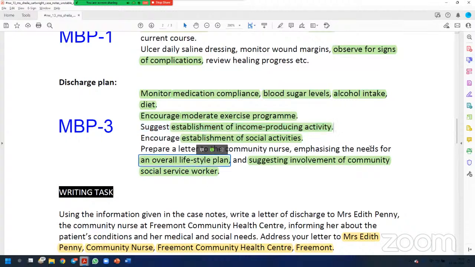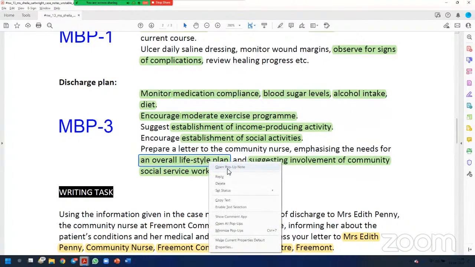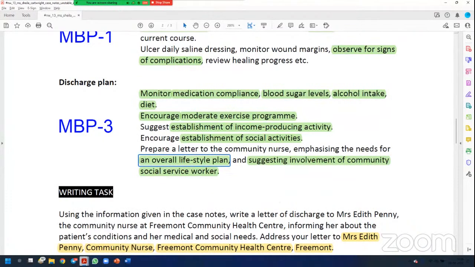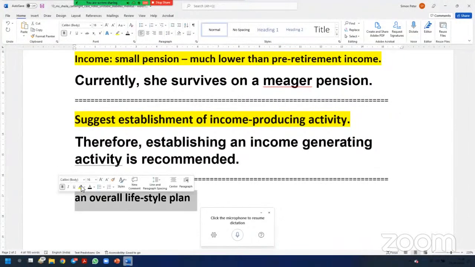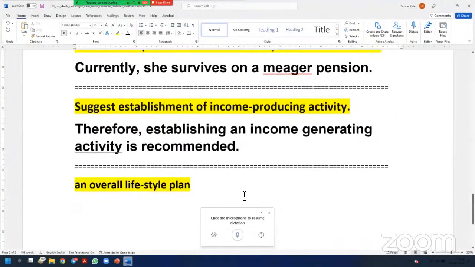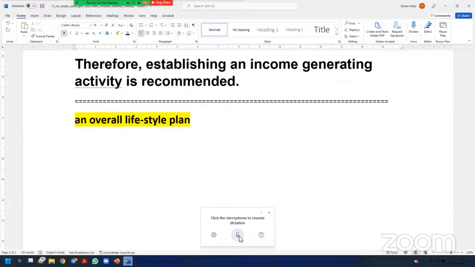Emphasizing the need for an overall lifestyle modification. So let us say this one. Copy text. An overall lifestyle plan. So how are you going to write this one?